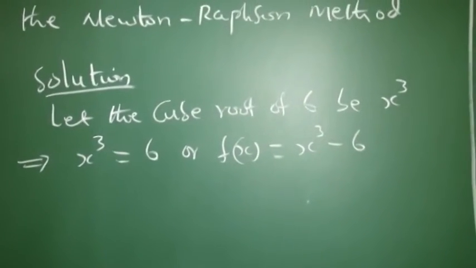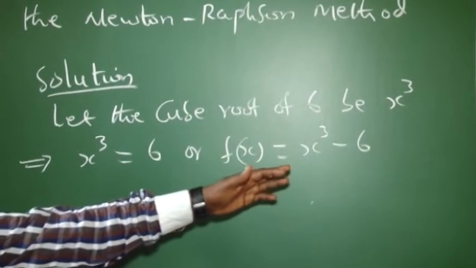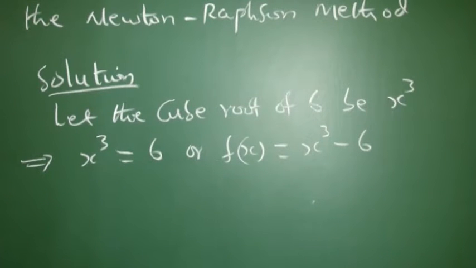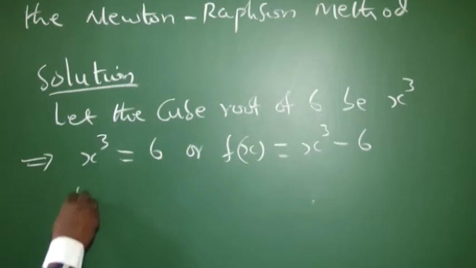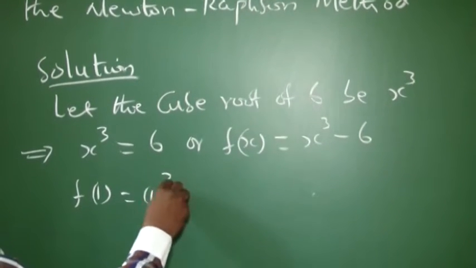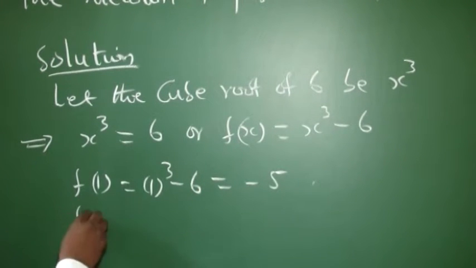Now, here we are going to look at the interval of existence of these roots. Let's try 1. F of 1 will give us 1 cubed minus 6, which is minus 5.